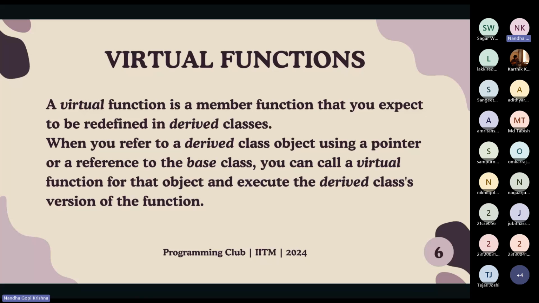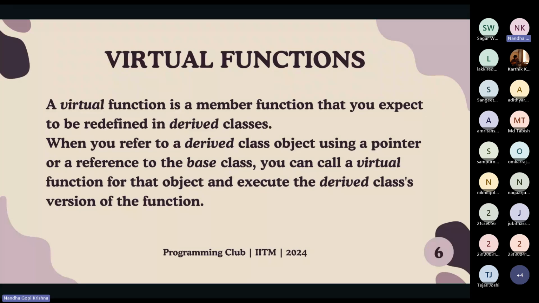One of the main uses of virtual functions is when you create a pointer to the base class with a reference to the derived class and you call a member function on it, you would normally expect it to call the implementation in derived, but however, that is not the case. That's not what happens usually. If we want it to happen that way, we would have to use a virtual function.